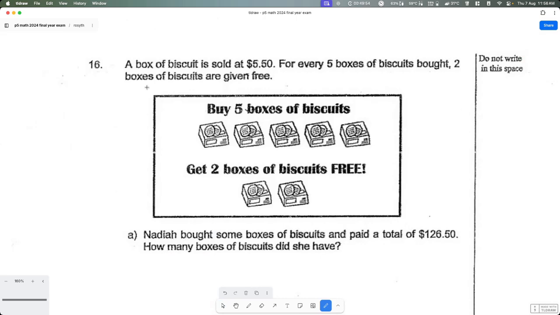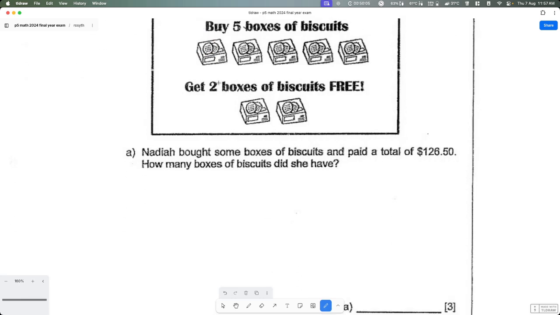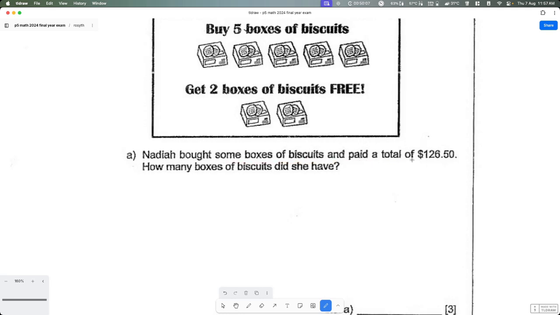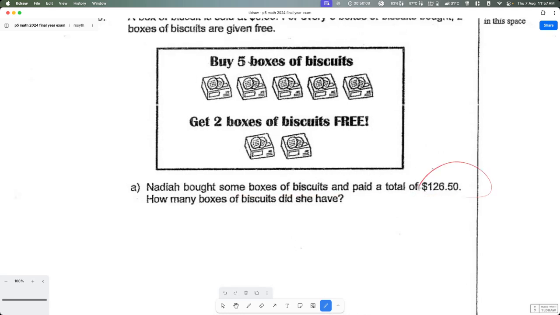Question 16. A box of biscuits is sold at $5.50. For every 5 boxes of biscuits bought, 2 boxes of biscuits are given free. Okay, so Nadia bought some boxes of biscuits and paid a total of $126.50. How many boxes of biscuits did she have?